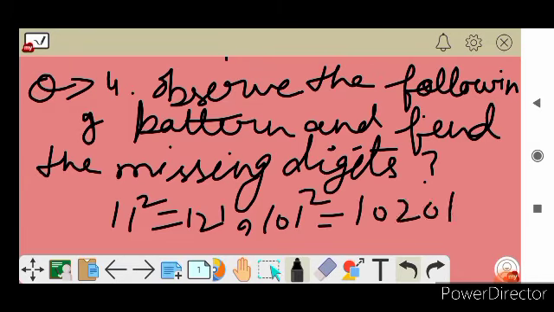You can see carefully here that 11 square is 121 because in 11 there is no 0.